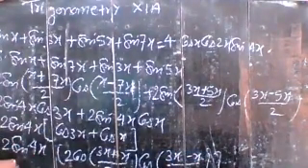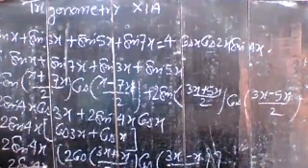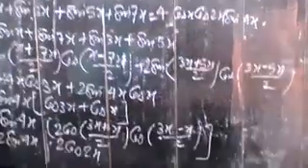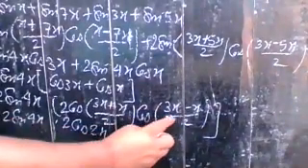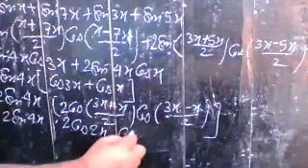Understand? And you have sine 4x into 2 cos 4x by 2. So that is cos 2x. And here you have cos 2x by 2, which is cos x.